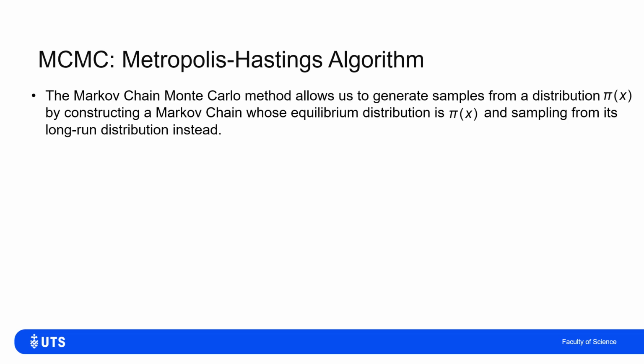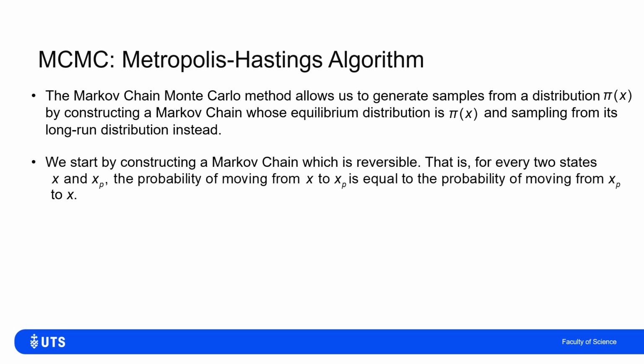Now, if you'll please excuse me referring to the distribution that we're aiming for as pi of x, where previously I've used p of x, one and the same. The aim of the MCMC method is to construct a Markov chain such that the equilibrium distribution of this Markov chain is my target distribution, which I'm now calling pi of x.